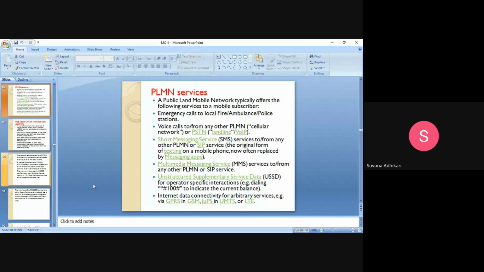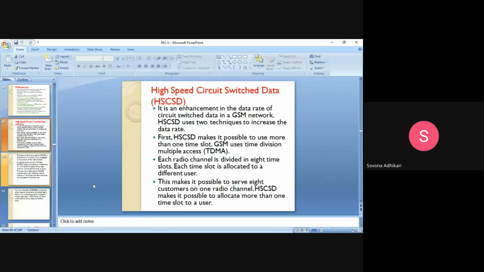You also know how much data you have already spent or have to spend in a day. Also, USSD codes are used for other services. Internet data connectivity for arbitrary services is also via GPRS or GSMA. So you can also browse the internet. So these are the services provided by PLMN.